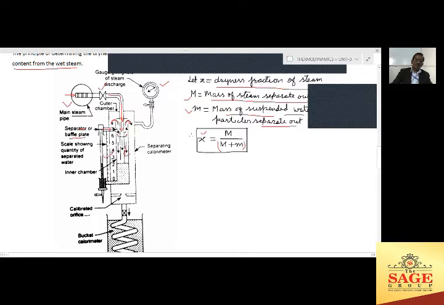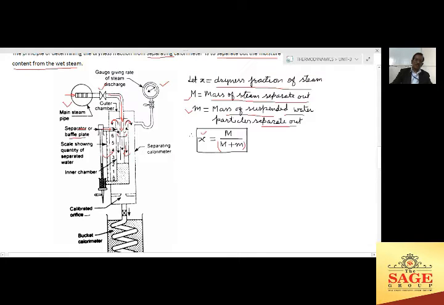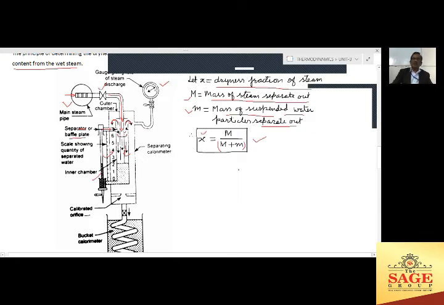This is the inner chamber, and it has a scale. With the help of this scale, the condensed quantity of water can be measured. So here we simply separate out the dry vapor from the water particles, and when we are able to do so, we can easily determine the dryness fraction of the steam with the help of this separating calorimeter.